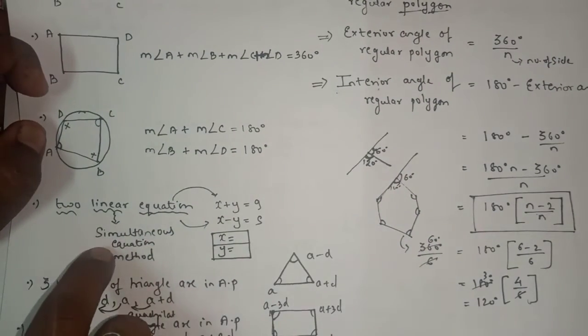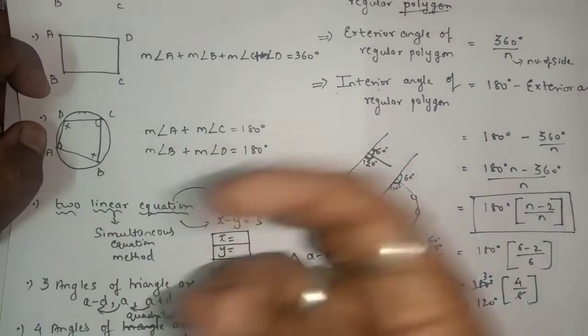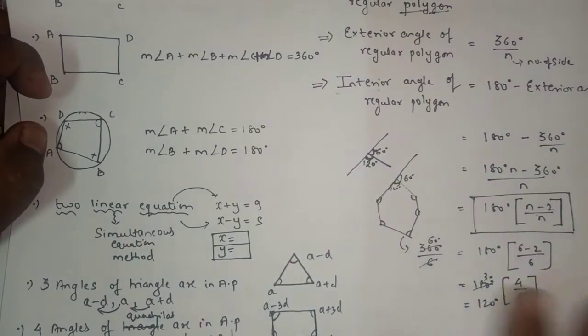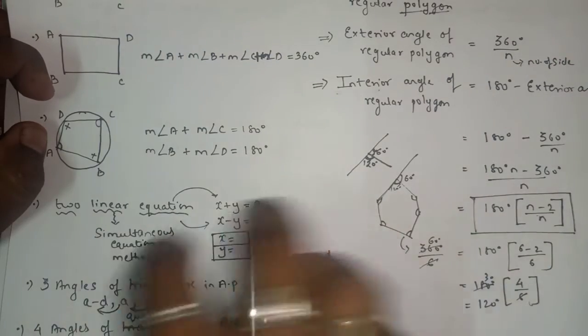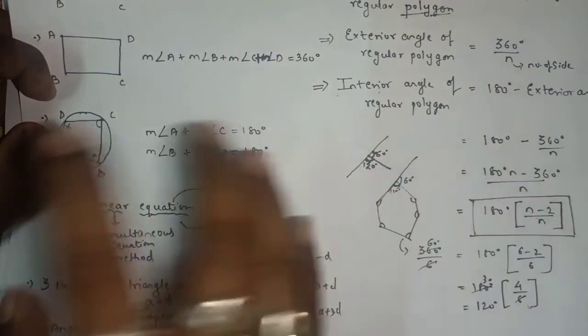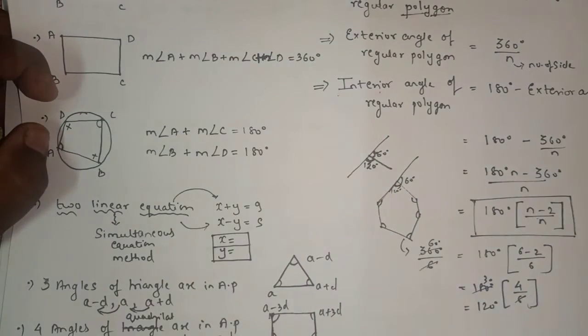If you get two linear equations after reading the question, simply solve these two equations simultaneously, and you will get the values of x and y. And if the question asks for the answer in both systems, degree as well as radian, we know how to convert degree into radian and radian into degree.